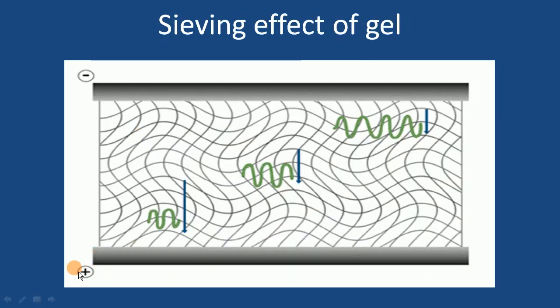See, this is your positive end, or you can call it the anode. Smaller the molecule, this green color is your DNA molecule. See the size of this molecule, and for example this molecule. This one is larger, it will be this big, see. So it will lag behind. Slowly it will travel. And this one is slightly bigger. So they are getting separated.